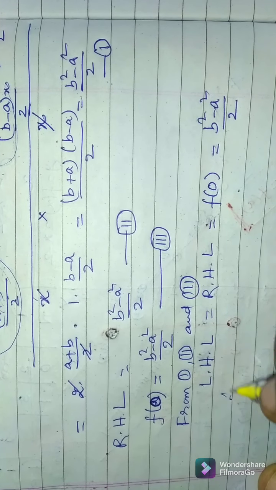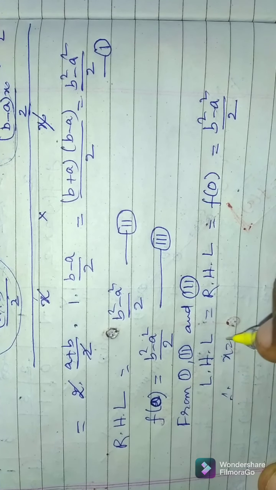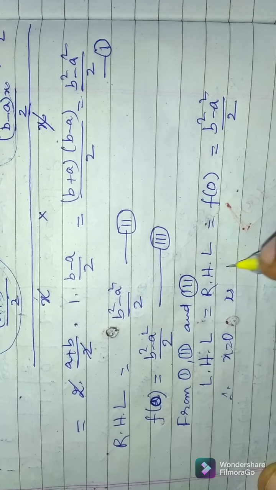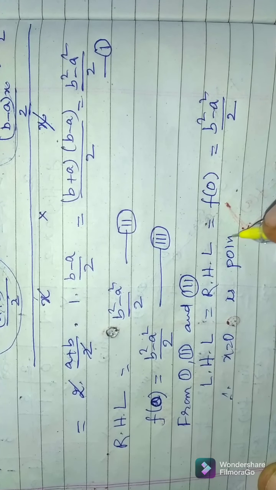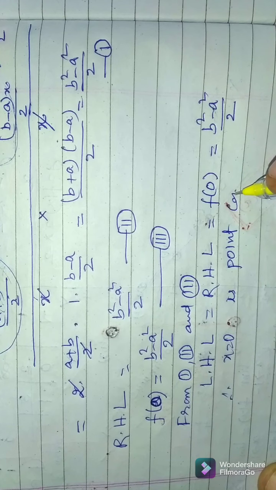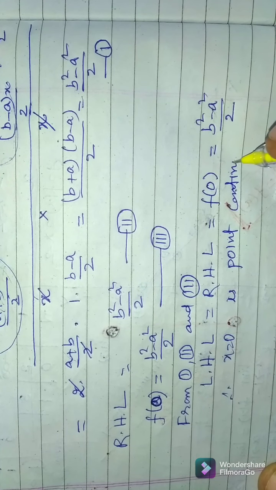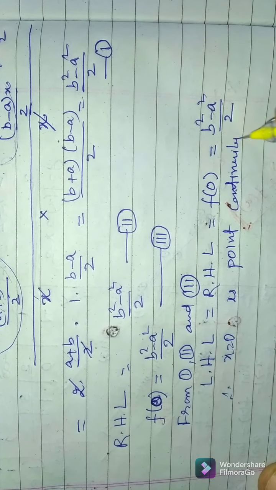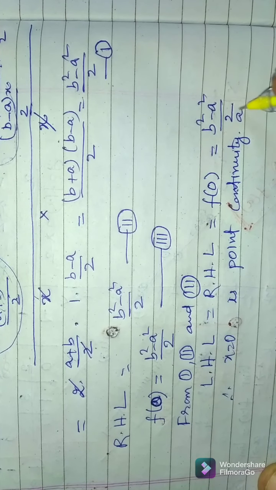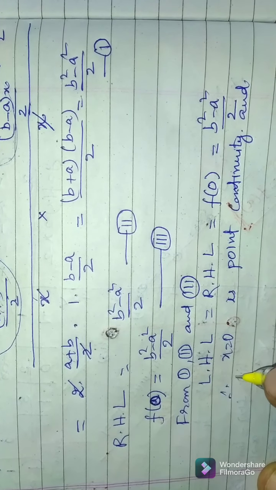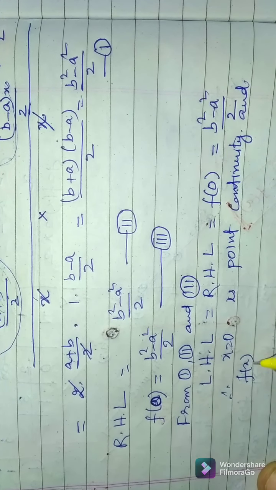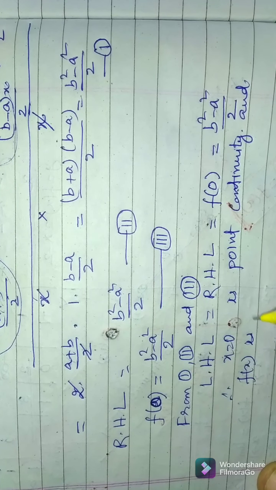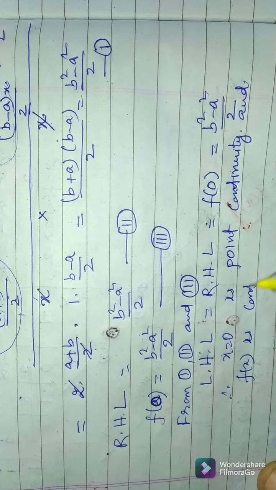Therefore, x equal to 0 is a point of continuity, and f(x) is continuous.